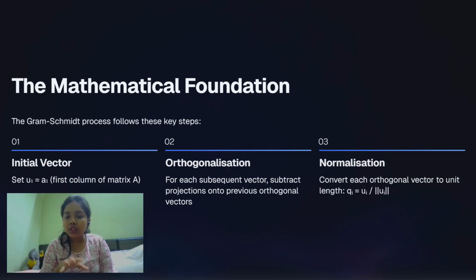This step ensures that each new vector we form is perpendicular to the earlier ones. And finally, step 3 is normalization. Once we have orthogonal vectors, we convert each one into a unit vector by dividing it by its magnitude. This gives us the orthonormal vectors, which together form the columns of the Q matrix.